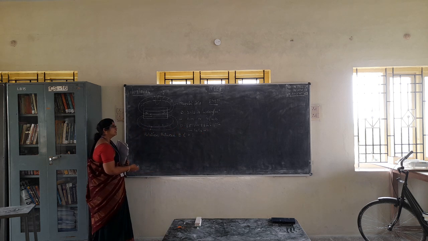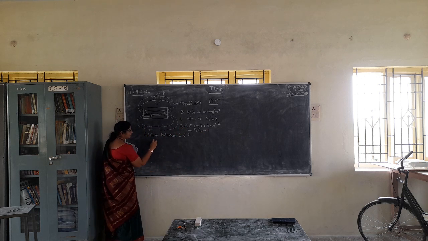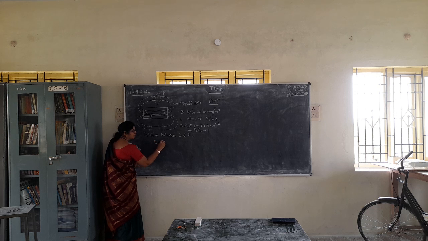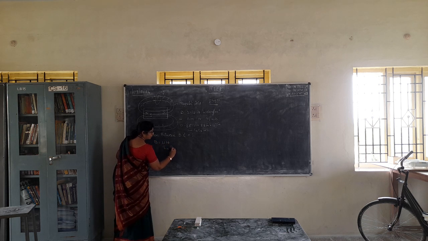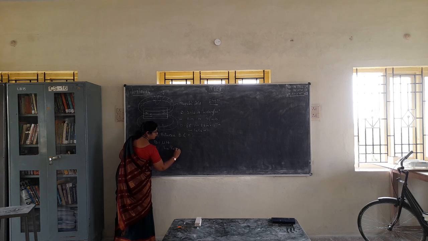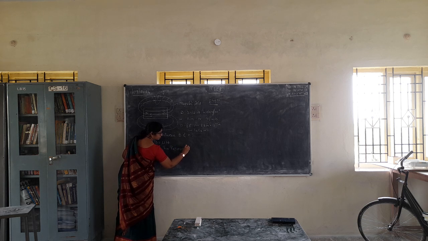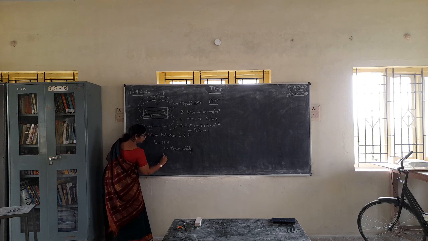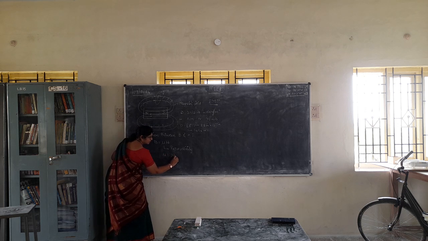Epsilon R is the relative permittivity. Similarly, here between B and H, B is mu times of H. Here mu stands for permeability. Mu is generally represented as mu naught mu r.